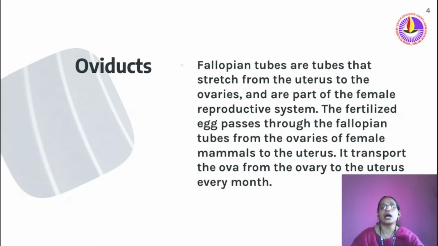Fallopian tubes stretch from the uterus to the ovaries and are part of the female reproductive system. The fertilized egg passes through the fallopian tube from the ovaries to the uterus. It transports ova from the ovary to the uterus every month.